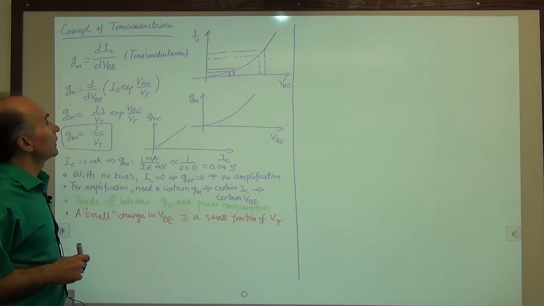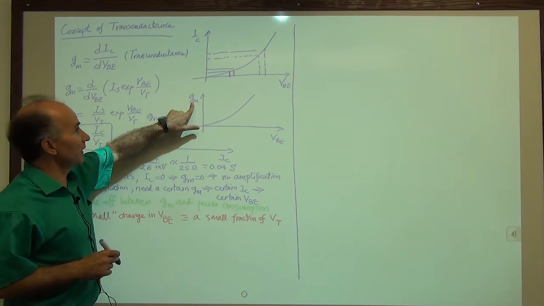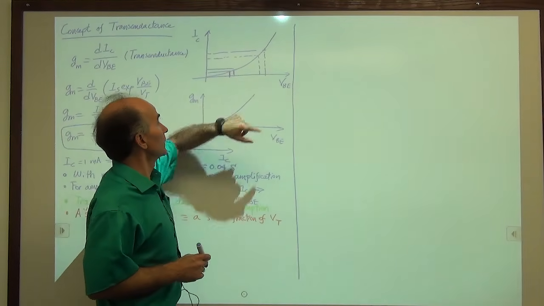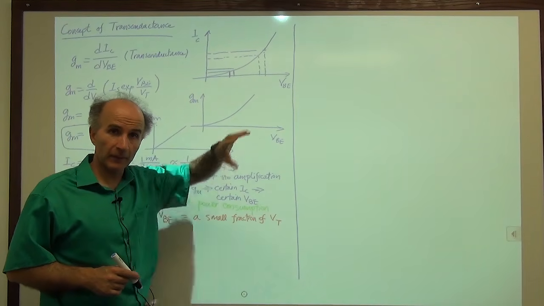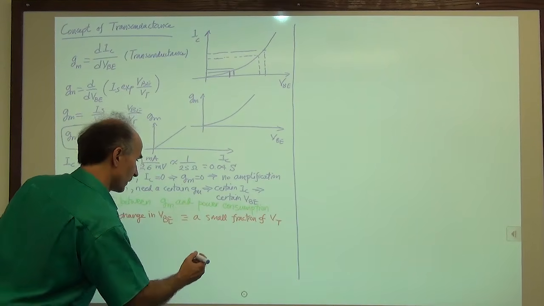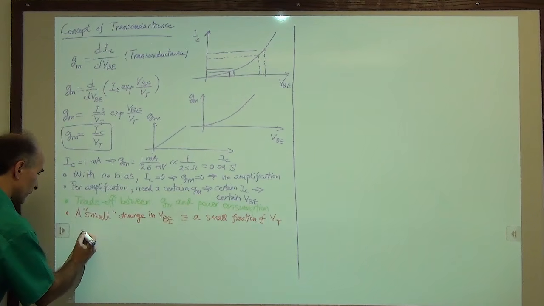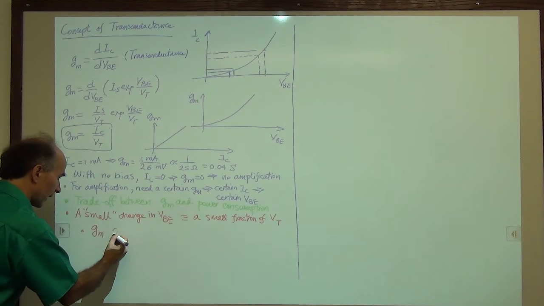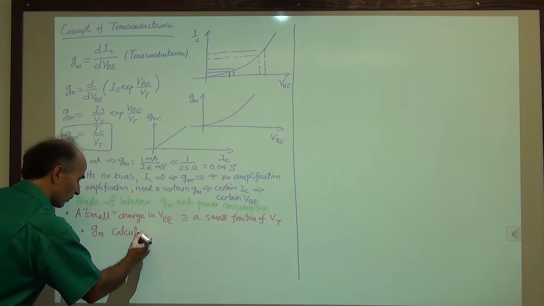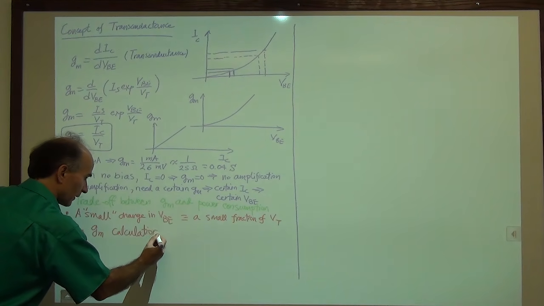All right, so let's see how we calculate this GM anyway, how we calculate the slope. Let me show you the setup, the circuit setup that allows us to do this. So for GM calculation or measurement, this is what we do.